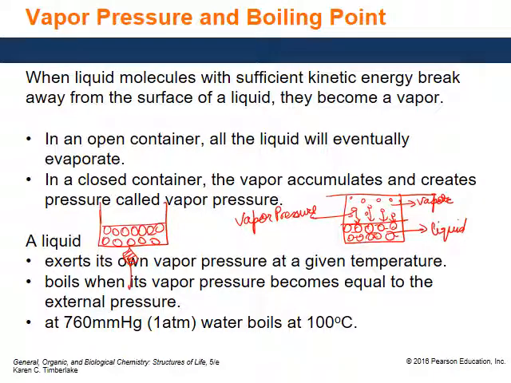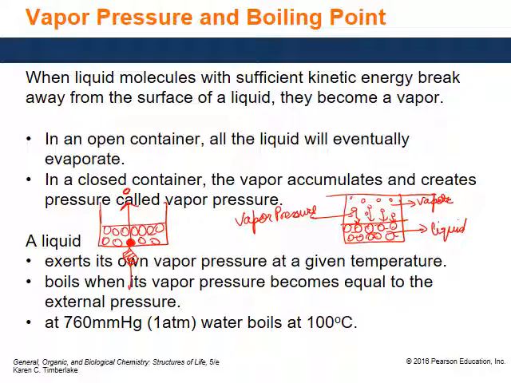When we heat these molecules, some of them will gain a lot of kinetic energy, and they will try to break all the attractive forces that they have between these different molecules, and they will break away from the liquid and turn into vapor. And that is the process of boiling.